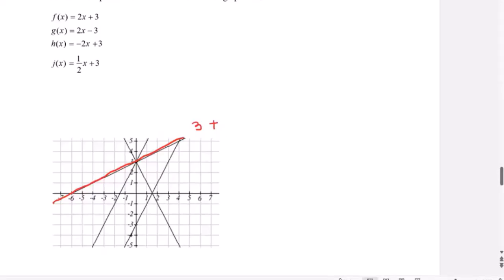So let's pick 2 points. I'm going to pick the intercept because I definitely see where the intercept is, and this point right here, because I can also see that it crosses right through that grid. If I do my rise over run, I'm going up 1 and to the right 2.